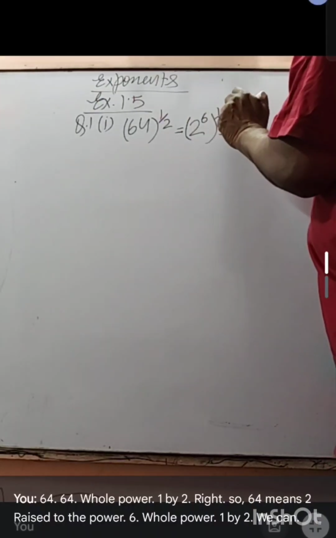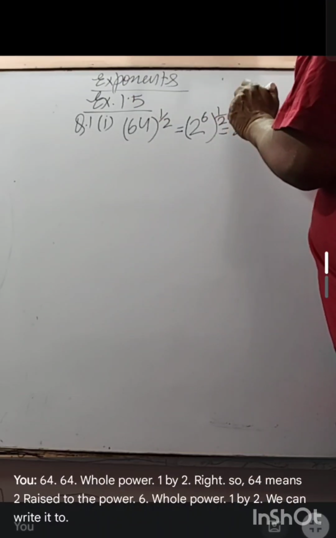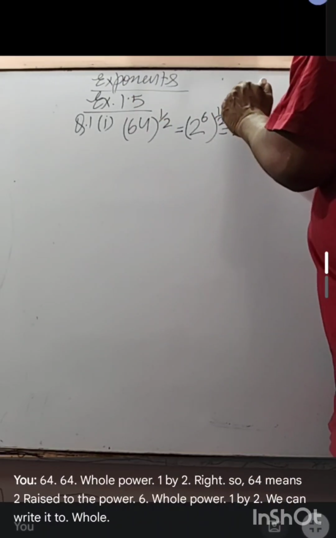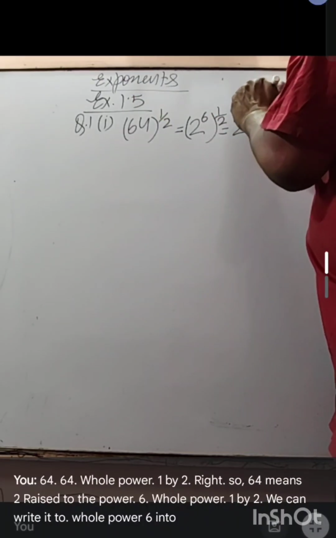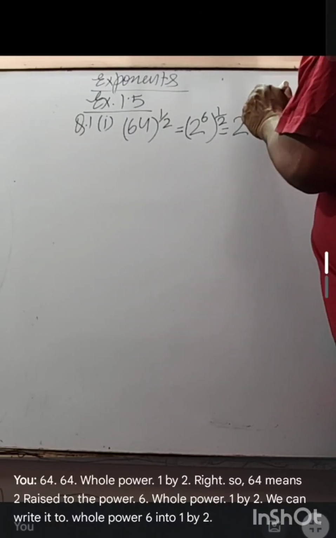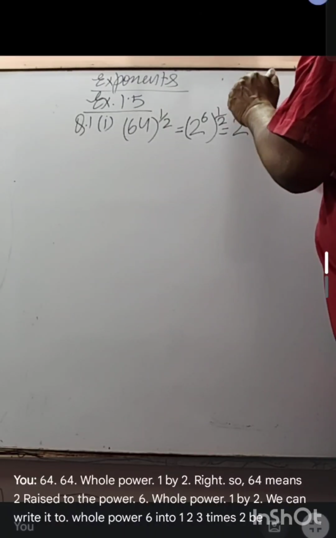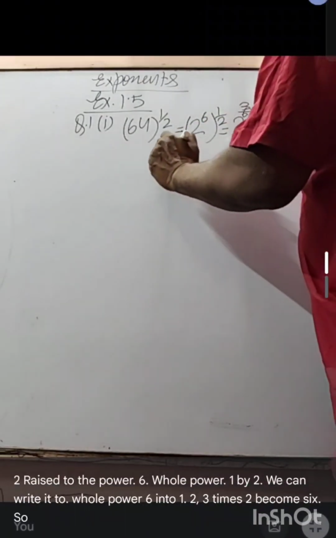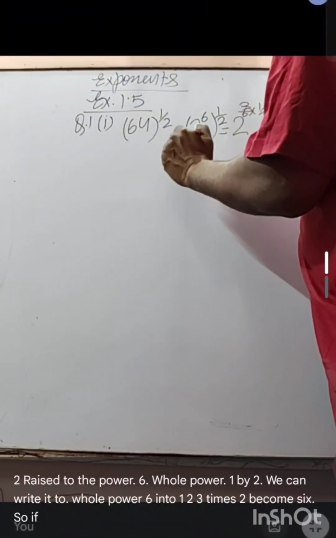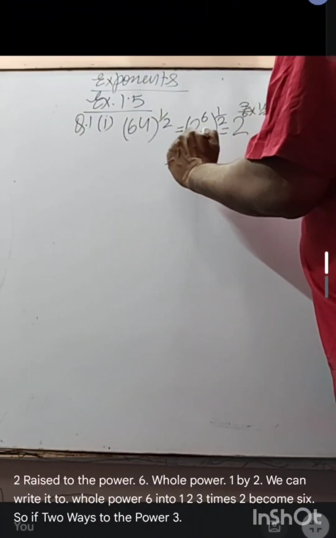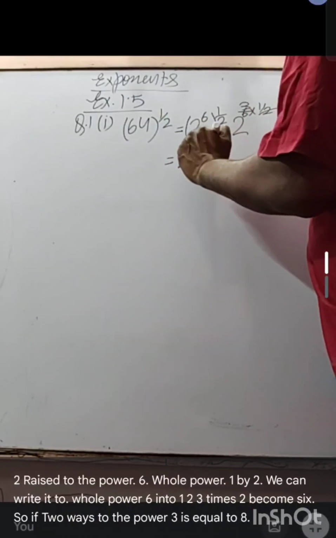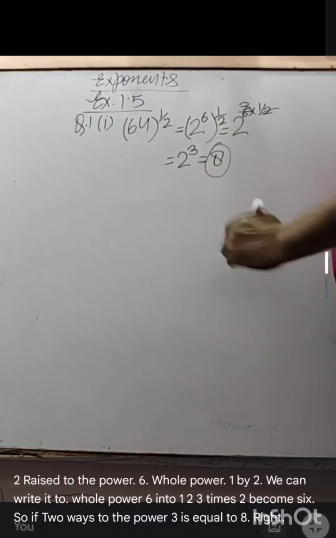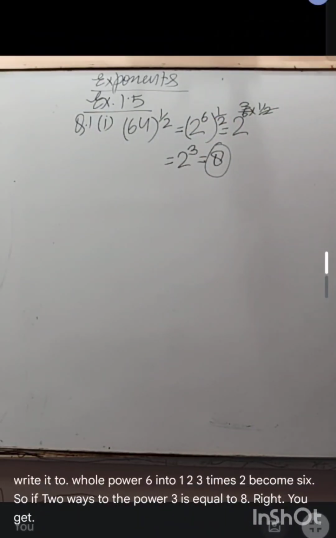We can write 2 raised to the power 6 into 1/2. 3 times 2 becomes 6. So it becomes 2 raised to the power 3, which is equal to 8. You get it?